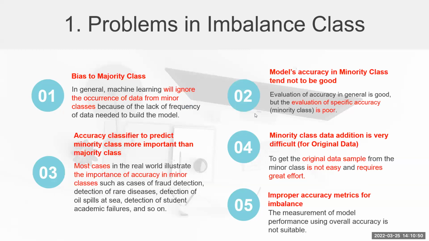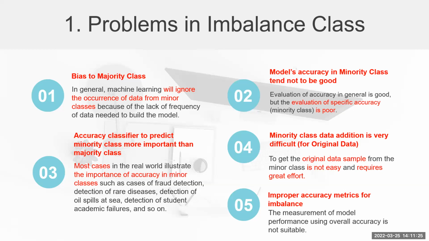We can summarize, I think there are 5 problems that we have to tackle when we conduct classification on imbalance class. The first, I think generally all machine learning will ignore the occurrence of the data from minor classes. It just ignores them. Why?